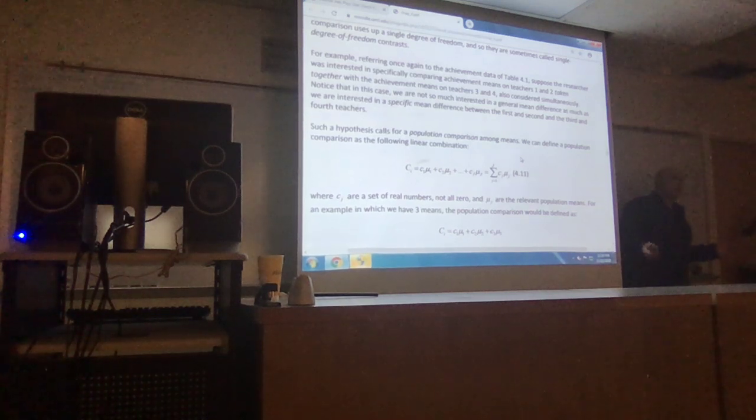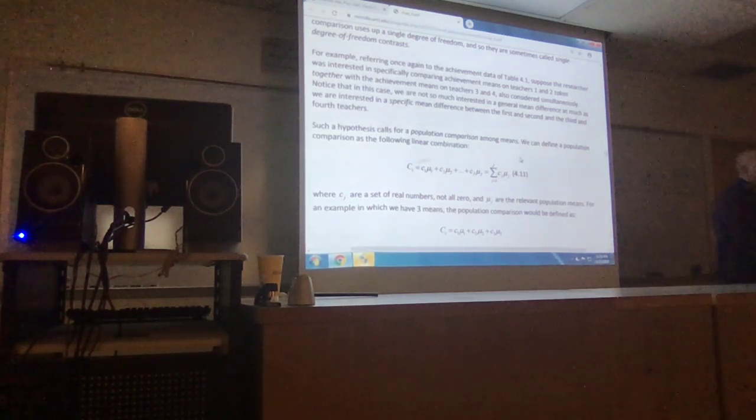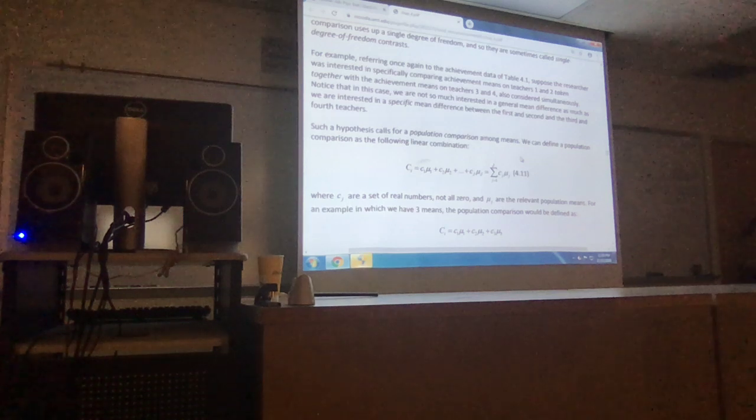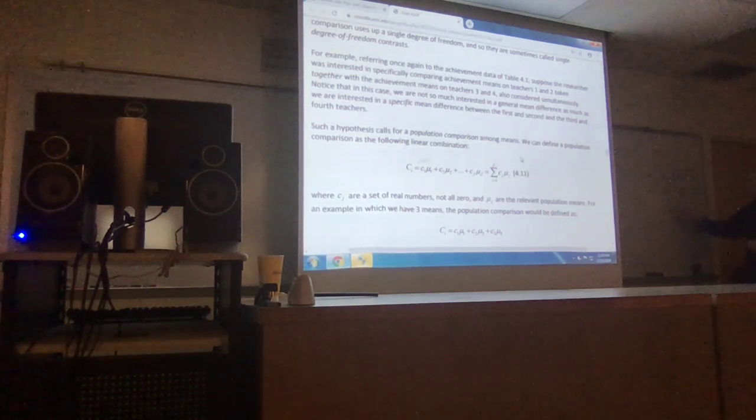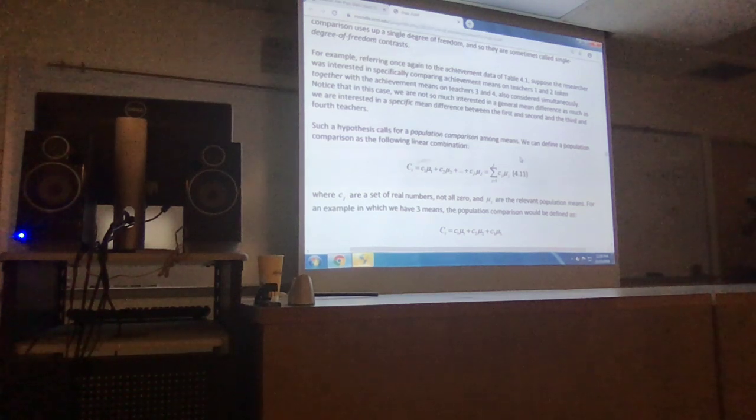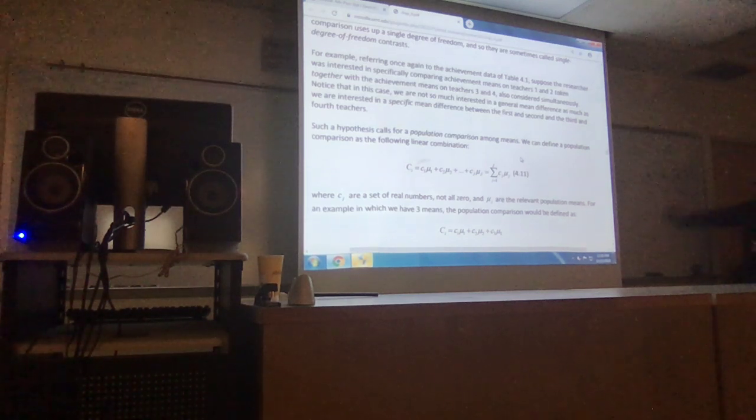Now, we like to keep our type 1 error rate at a nominal level, like 0.05. Why? Always remember the big picture. Why do you want to keep your type 1 error rate at, say, 0.05? Maybe you want to keep it lower depending on the situation. Why are we so concerned with not letting this inflate?